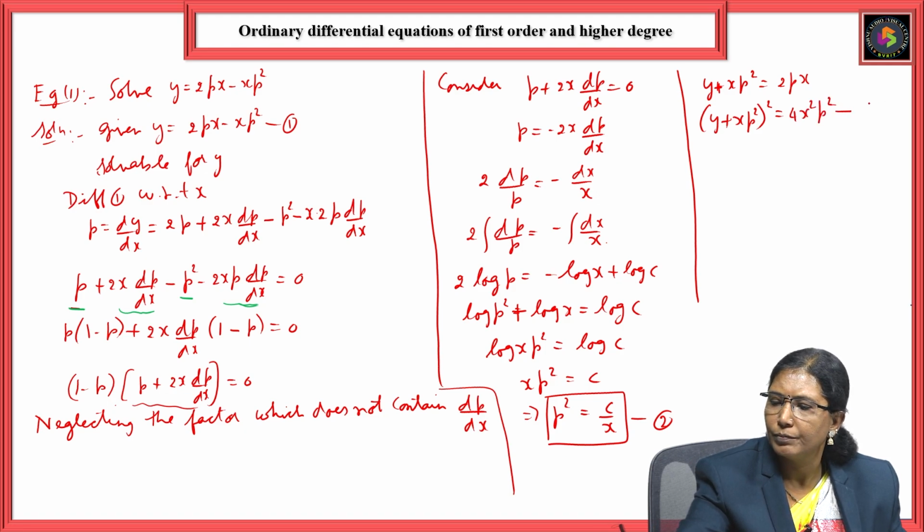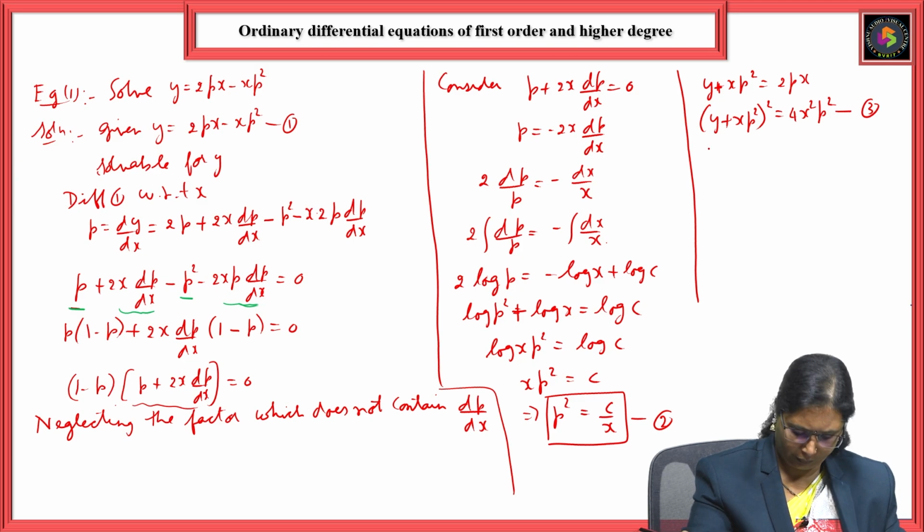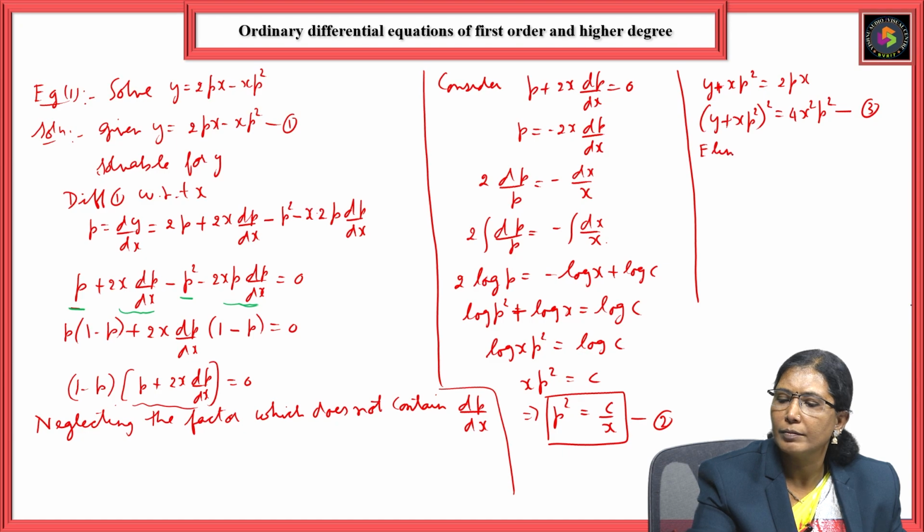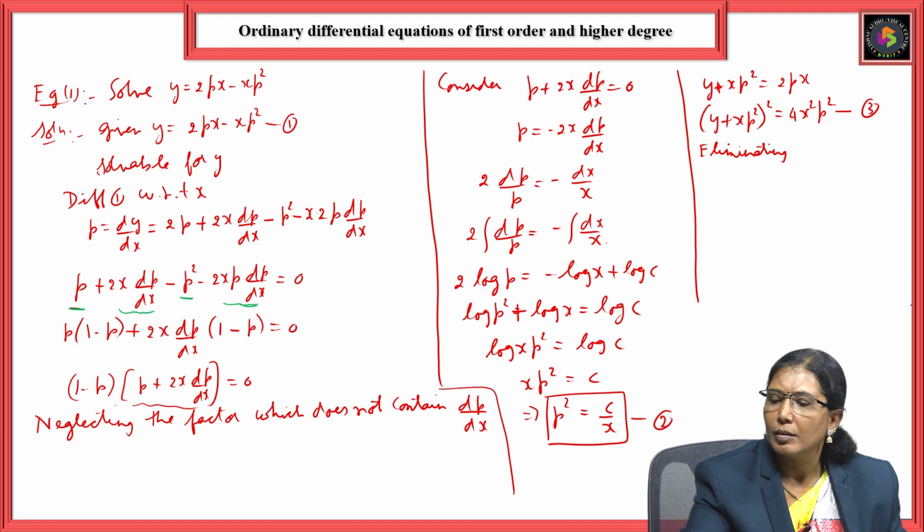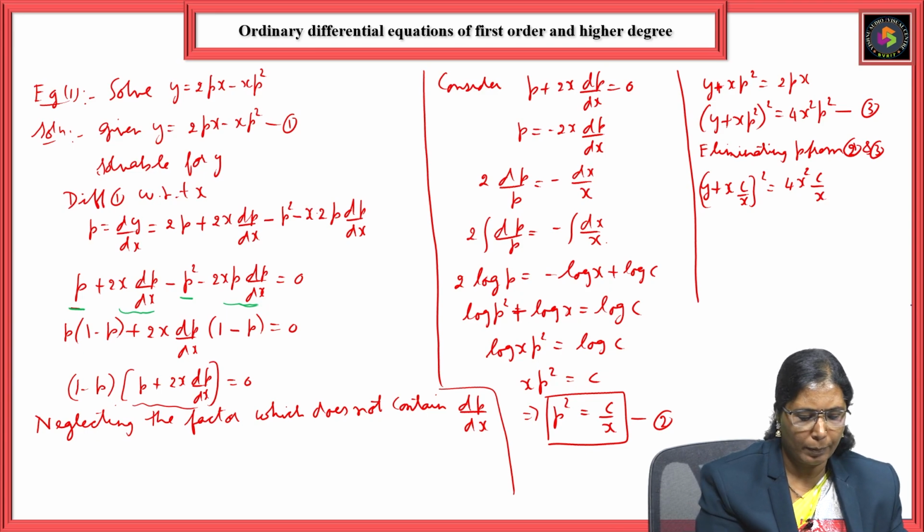Take this equation 3. Now eliminating p from 2 and 3, what do you get? y plus x times c by x, whole square, is equal to 4x square times c by x. So what happens?